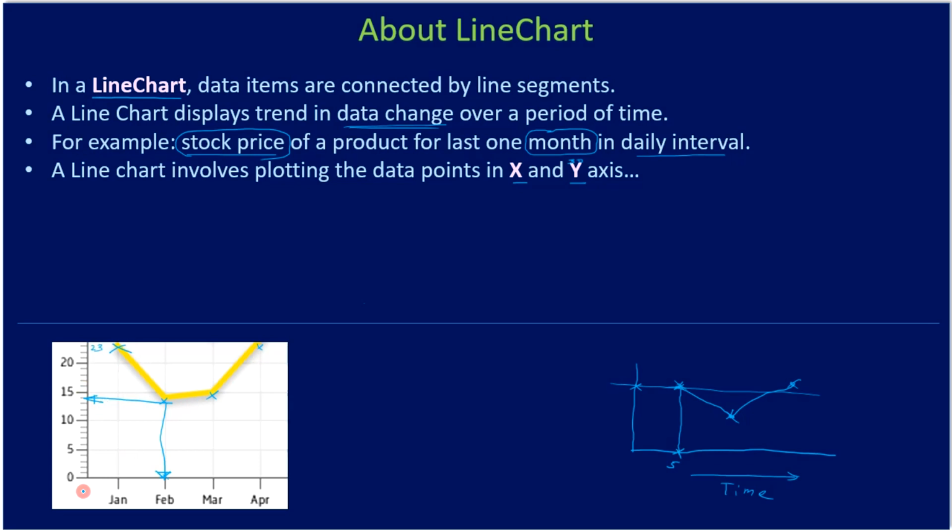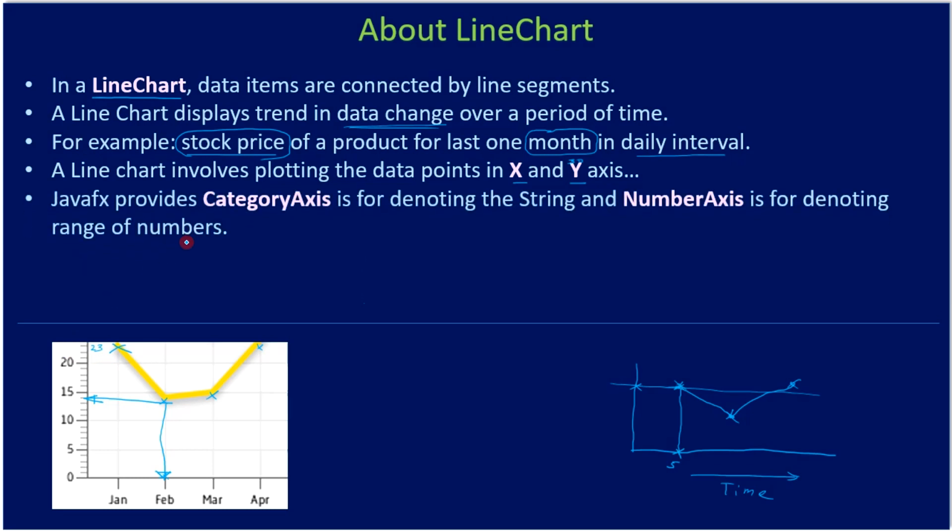Here the time series is for a year and every month's data is plotted, and on the Y axis you will be seeing the temperature, and the trend here is a change in temperature over the period of a year, recorded every month. JavaFx provides two types of axis.